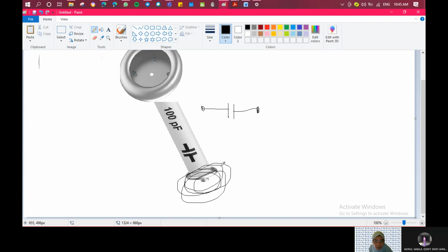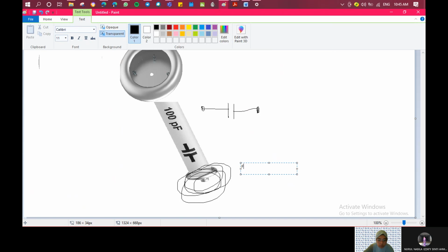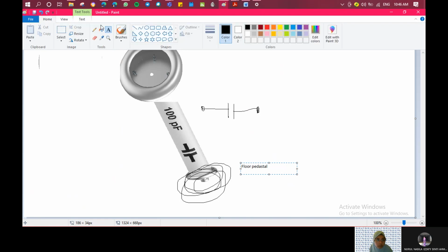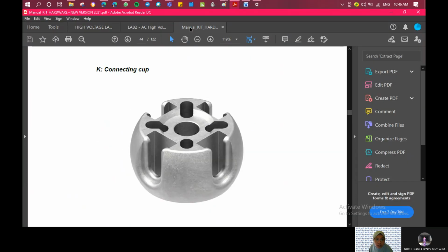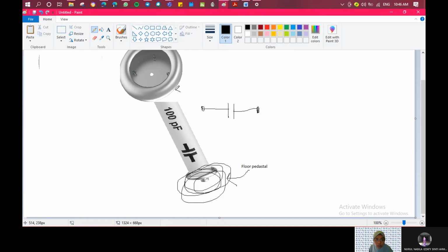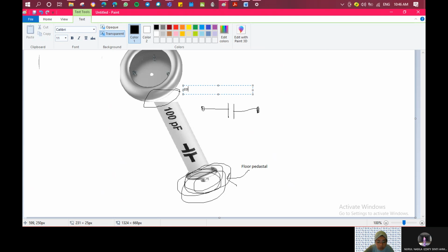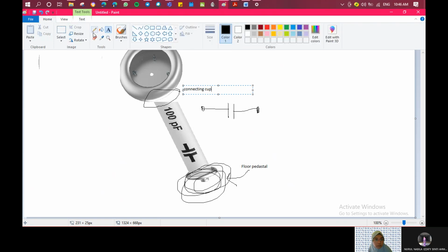The floor pedestal is located here. The connecting cup is here.